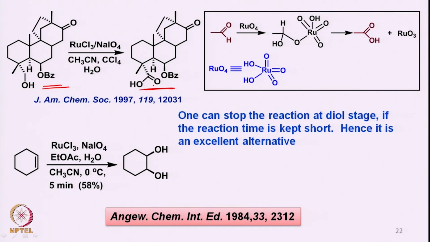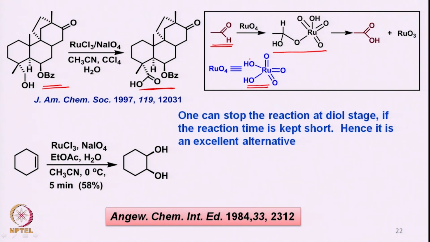What exactly happens is, if we have the aldehyde, then the ruthenium tetroxide will react to form this intermediate, because we can write the ruthenium tetroxide under the water medium to be somewhat like this.